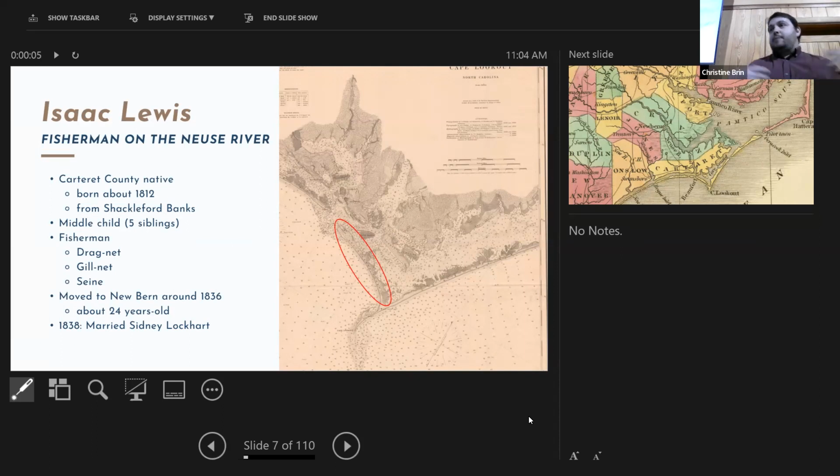And he came from a fishing family, and he learned how to fish commercially, probably around the Core Sound, Middle Sound areas where he would have been using dragnets, gill nets, seines, that kind of thing. Around 1836 is when he would have moved to the New Bern area, and he would have been around 24 years old. And shortly thereafter, he married and started a family.